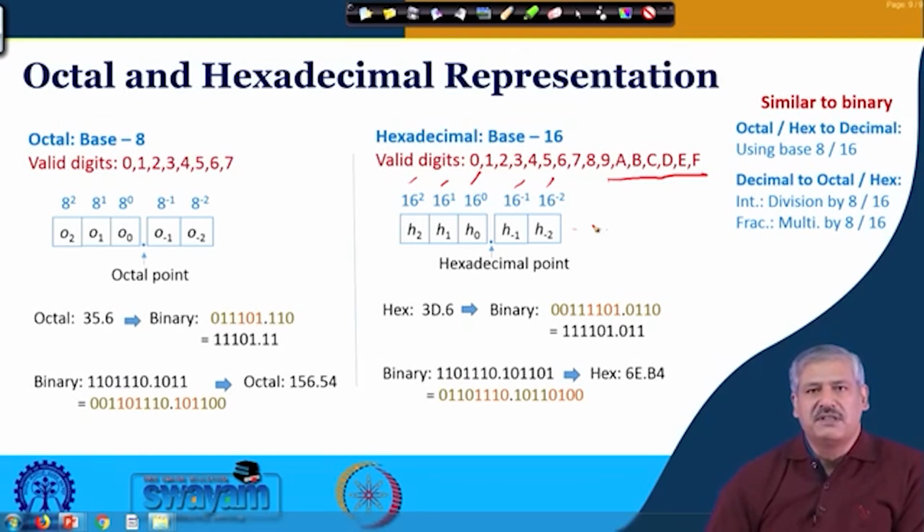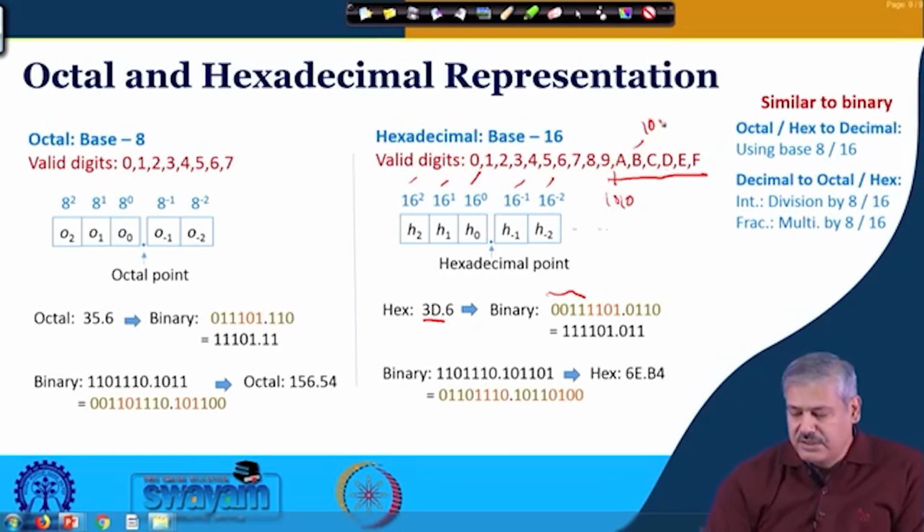Again, because 2 to the power 4 is 16, we will be forming groups of 4 binary digits. So, if 3D.6 is to be represented in binary, 3 will be represented by 4 binary digits, and D is 1 1 0 1.